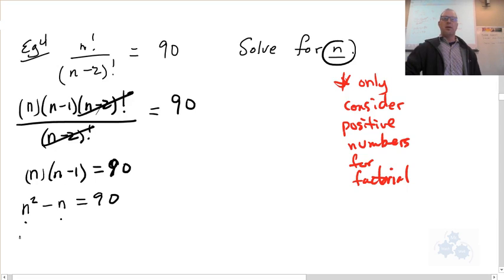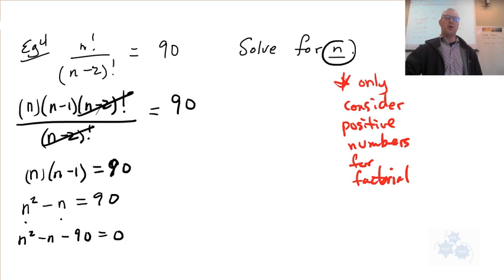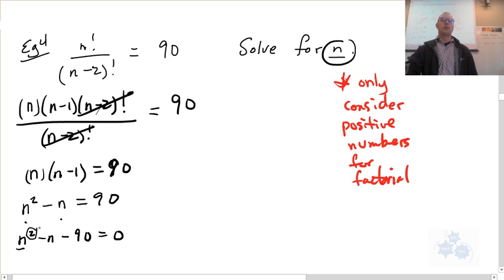You may remember that this is a quadratic equation. Do you remember learning about quadratic equations in previous math classes? Maybe, maybe not. Some are nodding, some are not. A quadratic is where the variable is squared.